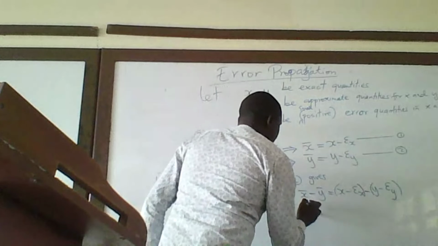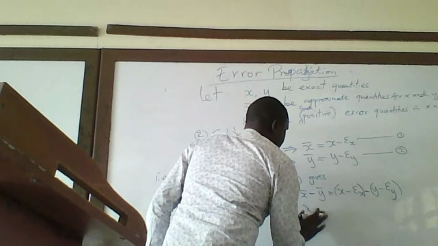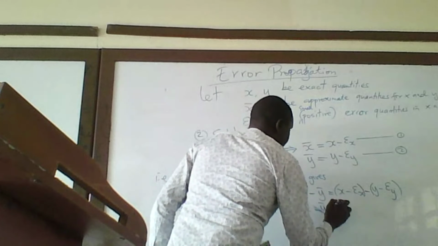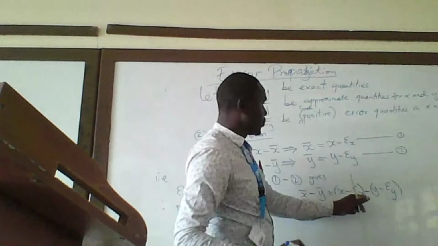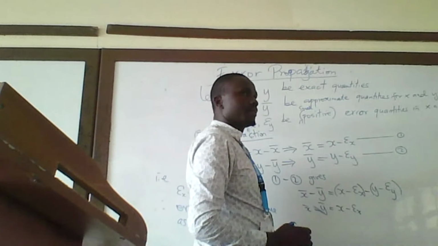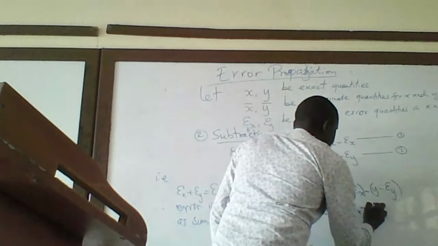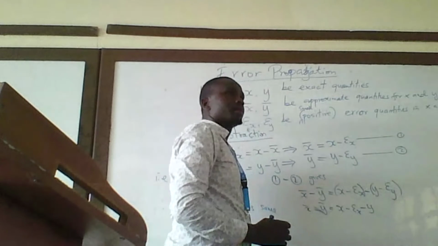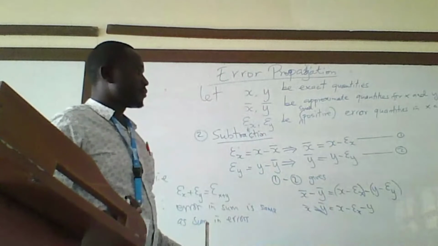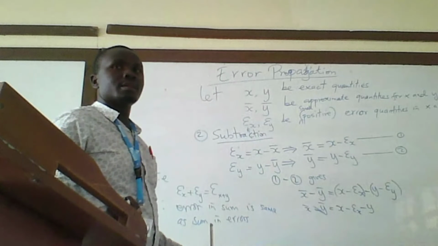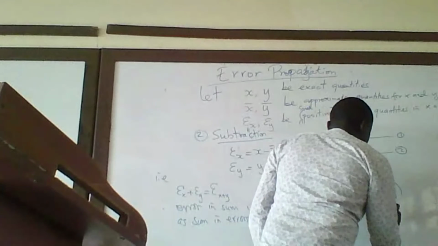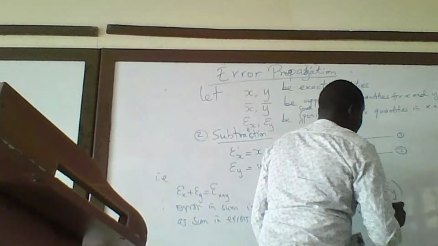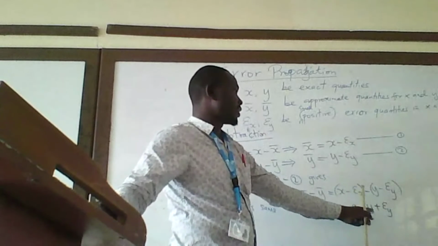So we'll have x minus y equals x minus error in x, and when I open the brackets, I will have minus y minus error in y, then plus y. Hope you understand where the plus is coming from.